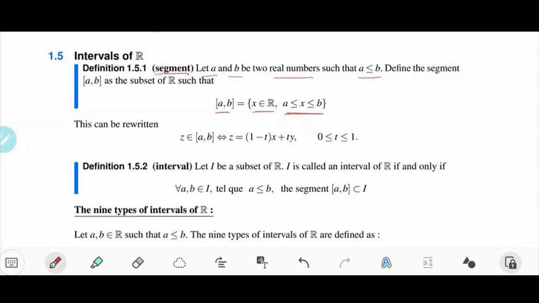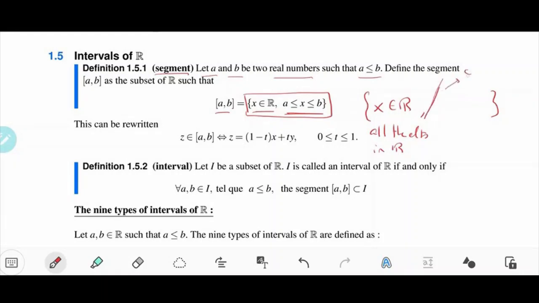Let me explain a little bit this expression. When I want to represent a set, I can write it like this. I open these brackets and then inside I will put x belongs to R, so it means all the elements in R, comma means such that, or I can put this sign which means such that.